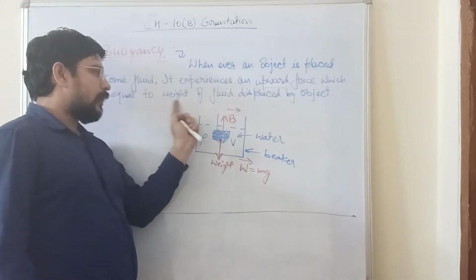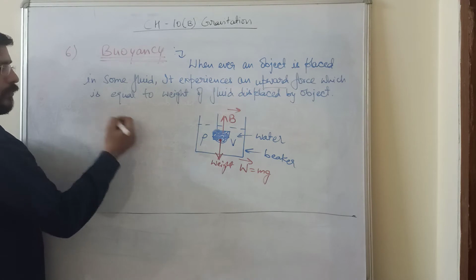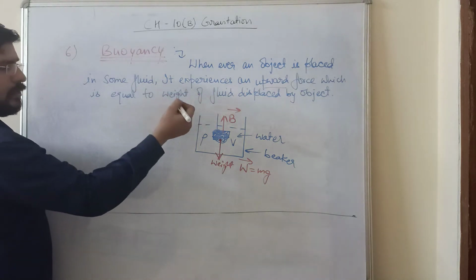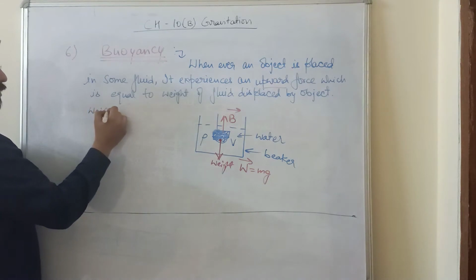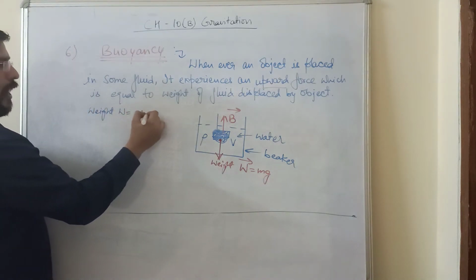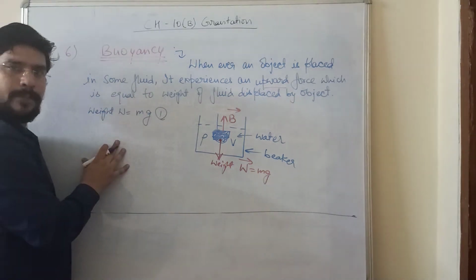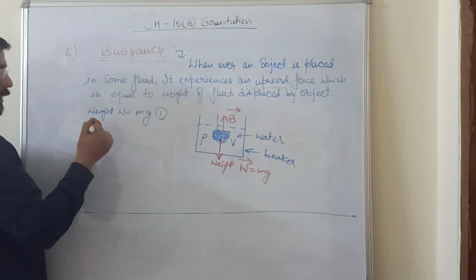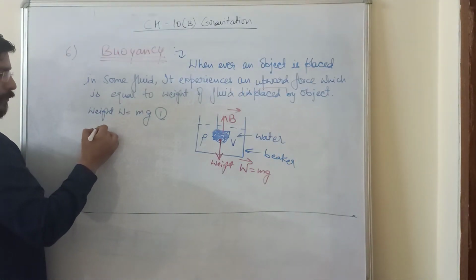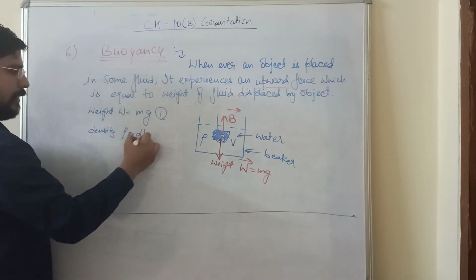Now how will we calculate the weight of fluid? Let me tell you a relation between mass and weight, and density and mass. We know that weight W is equal to mg, a relation which we studied in our 10th chapter on free fall and equations of motion. Second, what is density? Density we generally represent by the symbol rho or also by d.